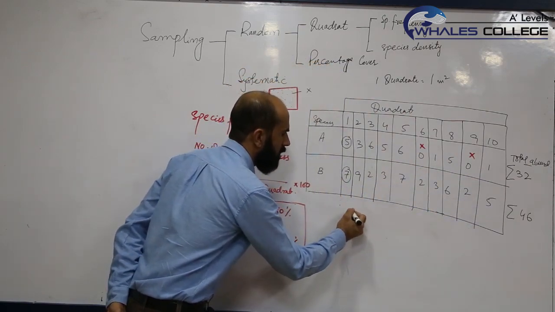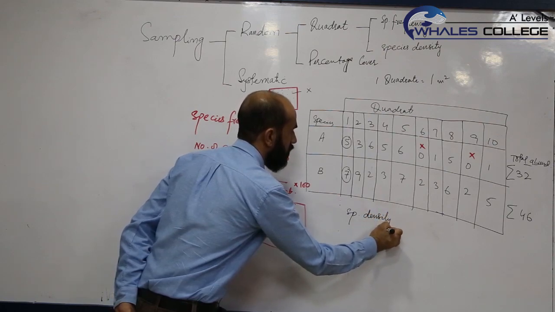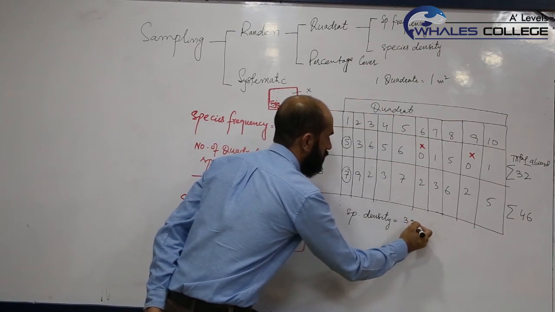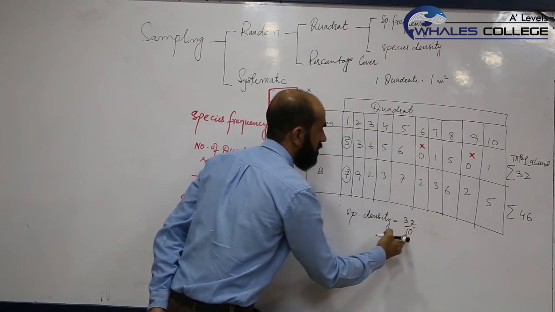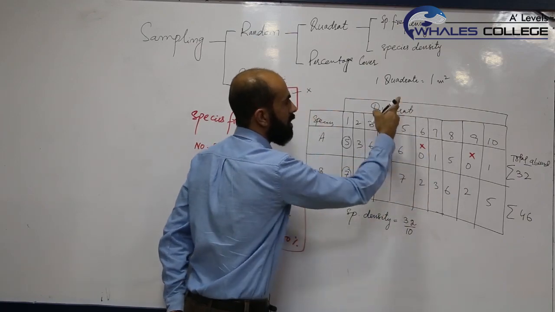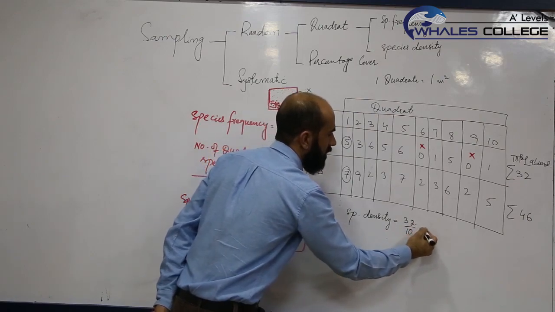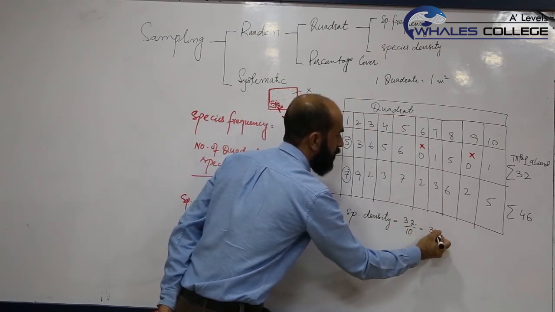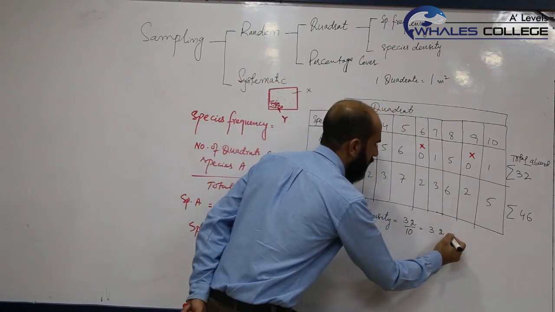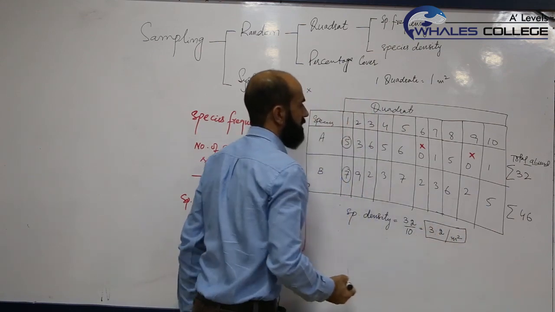So if you want to calculate the species density, you just have to divide 32 by 10 meters square, because one quadrate is 1 meter square, so that means 10 meters square. So it means it's 3.2 individuals per meter square. That is the species density.